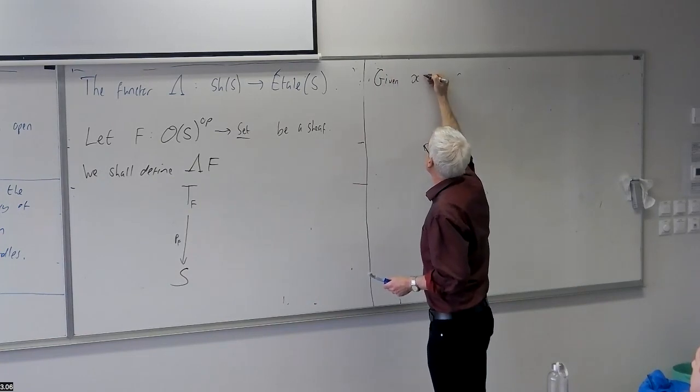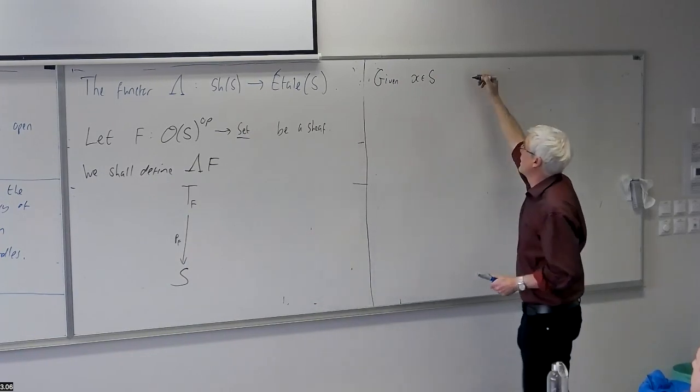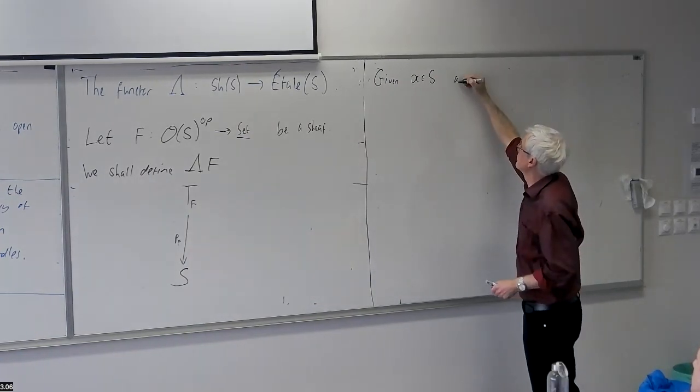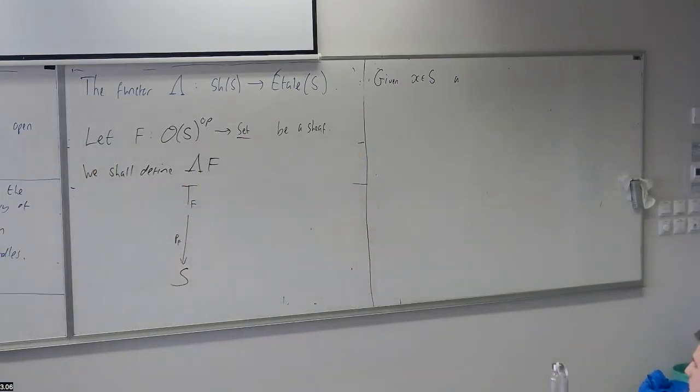given an X, some element X in S, and an open. Let me look at my notes to see how I do it, because I can go on autopilot, but I'll make some mistakes.